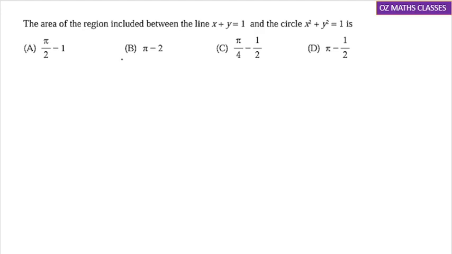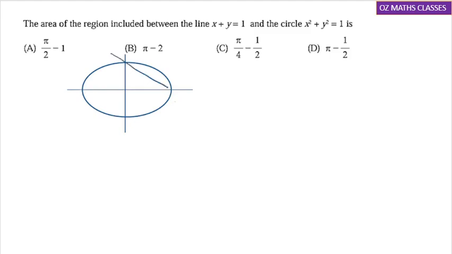And then, area of the region included between the line x plus y equal to 1 and the circle. So draw the rough sketch. x plus y equal to 1 will be this line, meaning it passes through 1 comma 0 and 0 comma 1.